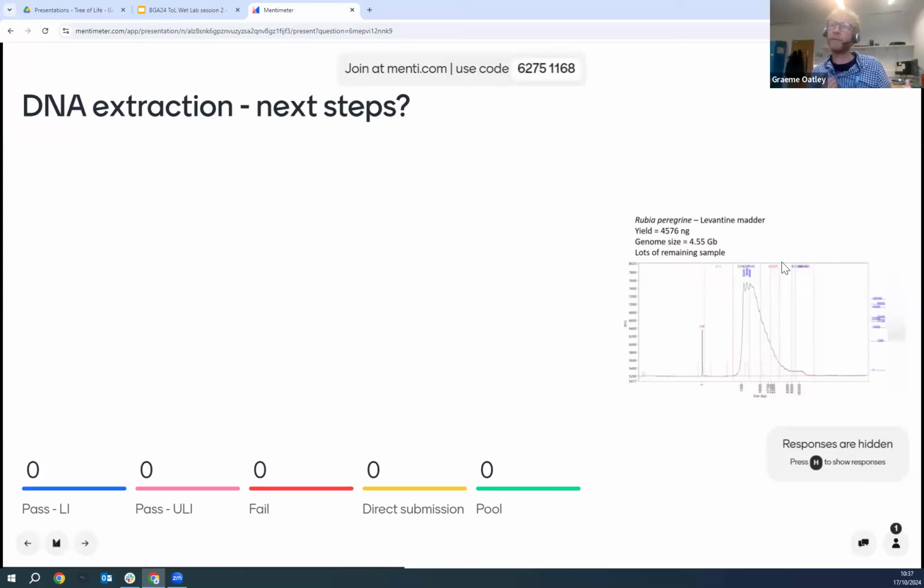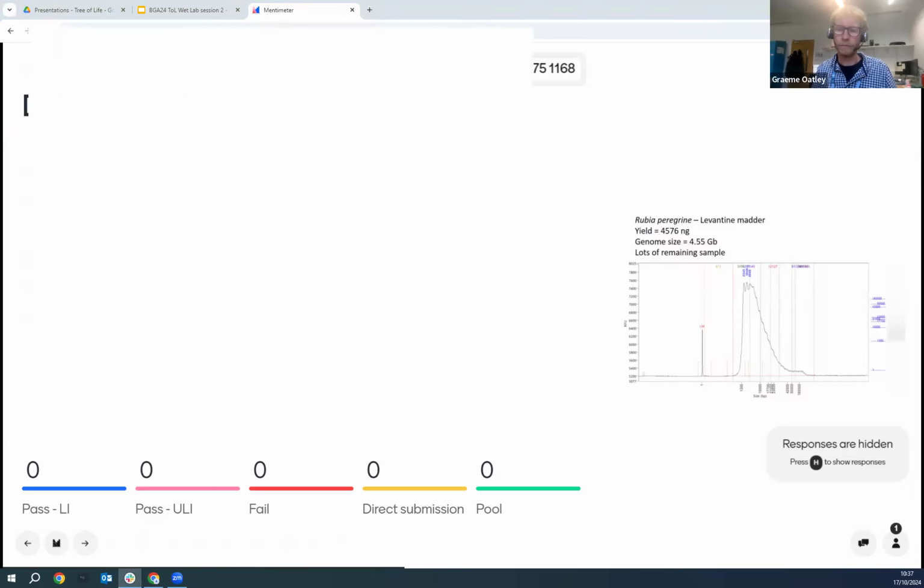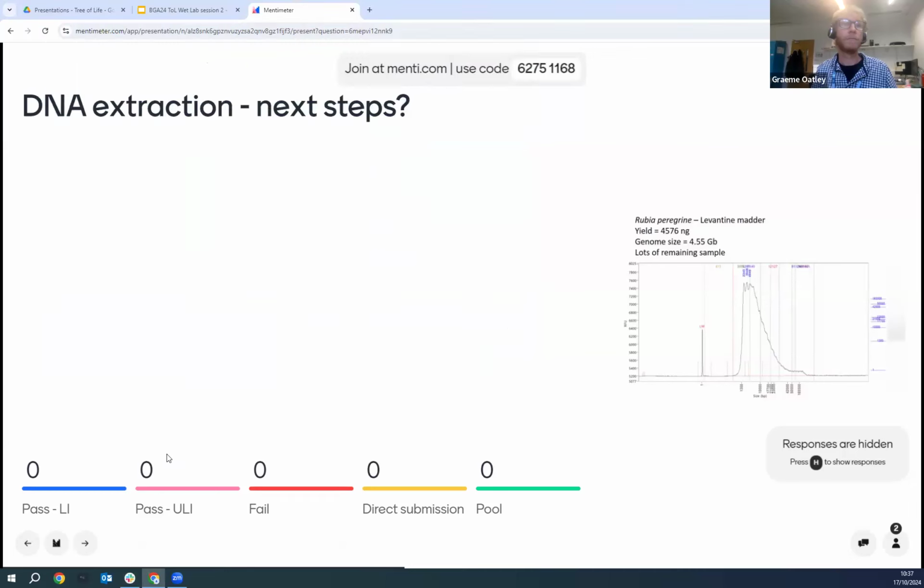Average fragment size sitting at 12,000 kb. Sample availability is also not an issue, so we've got lots to play with.